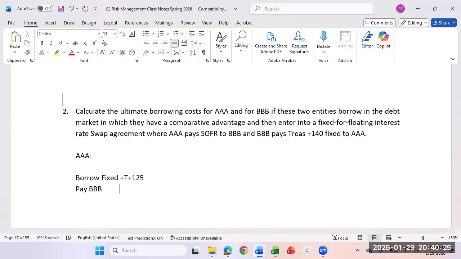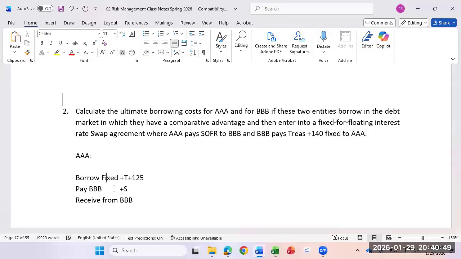So I'm gonna do minus S because they're paying that. We're talking about their cost of debt. Oh, I'm sorry. So the cost, do cost as a plus and what they receive as a negative. Sorry, I said that backwards. So they're gonna pay SOFR, so that's another cost. And what are they gonna receive from triple B?